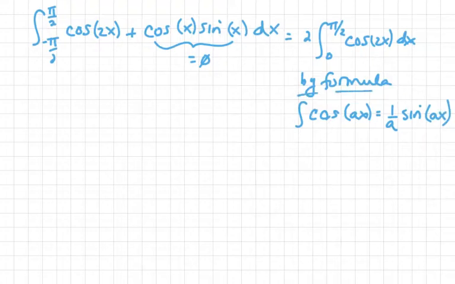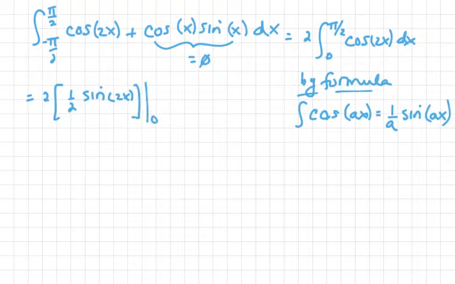So our antiderivative, once we integrate, is 1/2 sine of 2x, and we're going to evaluate that between 0 and pi over 2. That's nice because the 2 and the 1/2 are going to cancel, and we're just left with sine of 2x. That vertical bar tells you to evaluate between 0 and pi over 2.